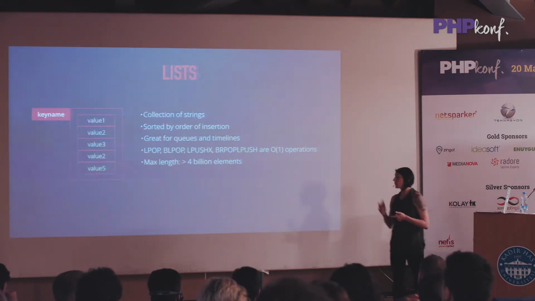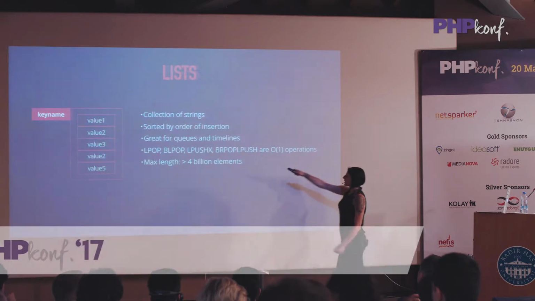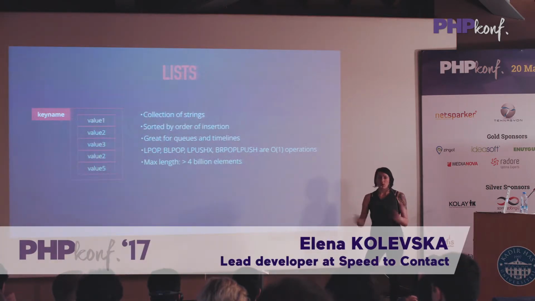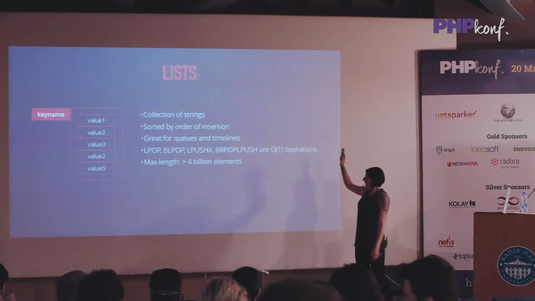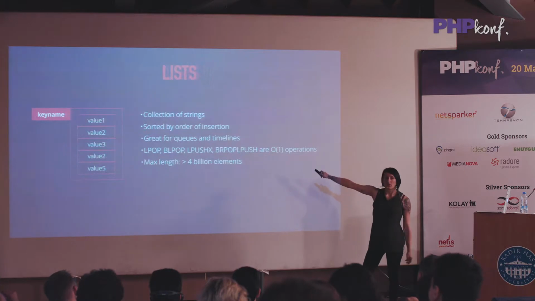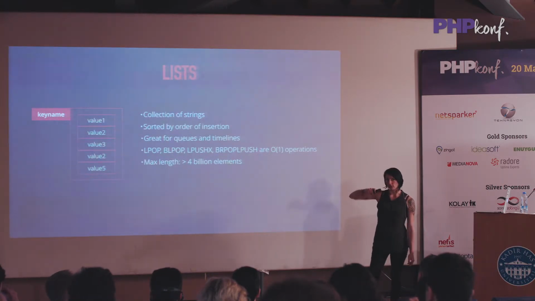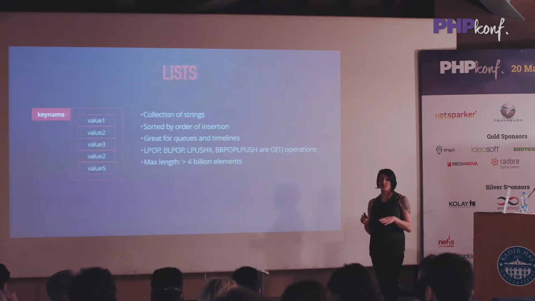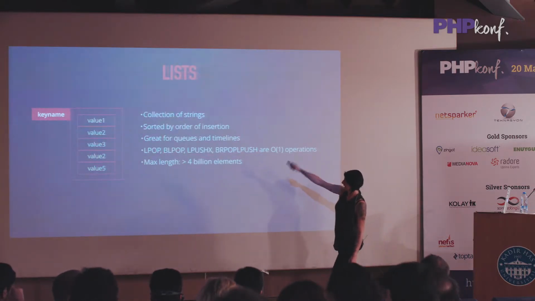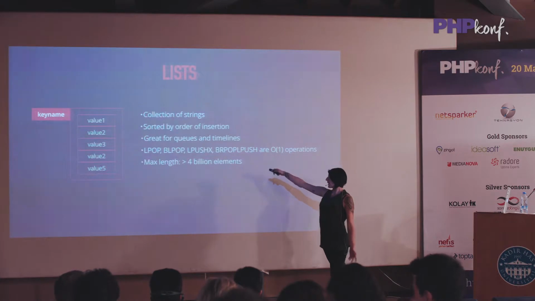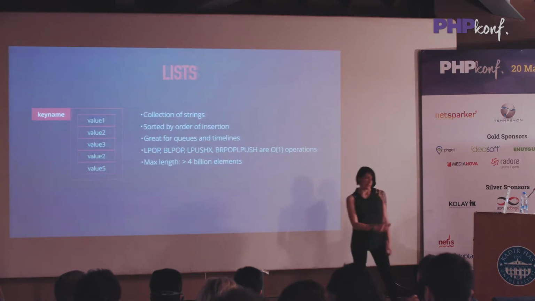They are also great for queues. So we can do left pop, right pop, left push, right push from both ends of the queue. And all of those are O(1) operations in big O notation, so it requires constant time. It doesn't depend on the length of the list, which, by the way, can be over 4 billion elements.